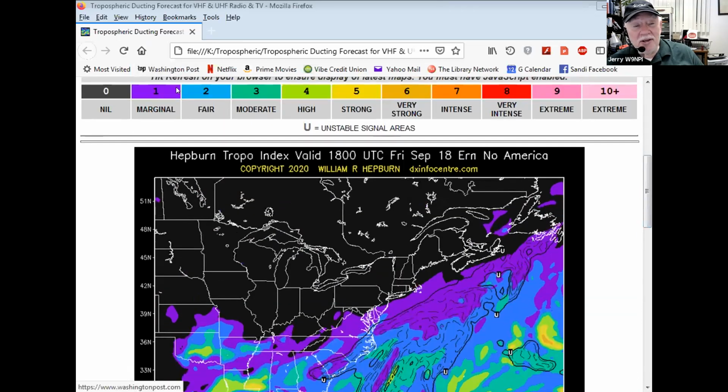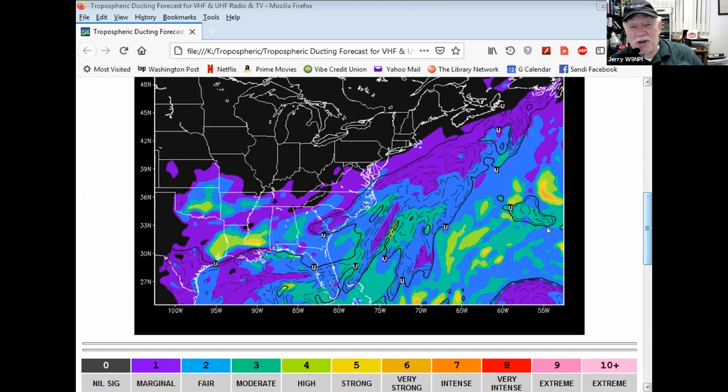You can see zero to fair all the way up to very intense, and this map shows areas where it's pretty intense. If two people are within this area, they can talk to each other. There have been times when a fellow in Michigan was sitting in his garage with his 2-meter handy talkie, talking to some guy up here. So it can be done. That's something to look for on 2 meters and also 6 meters.